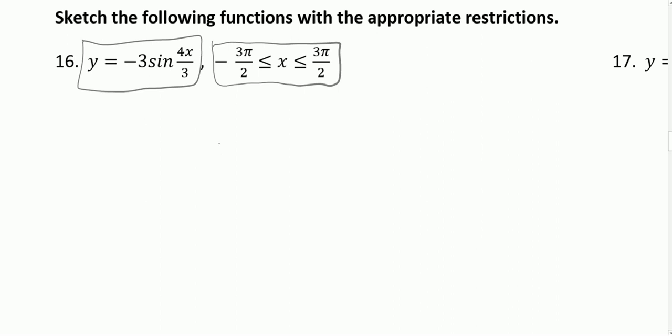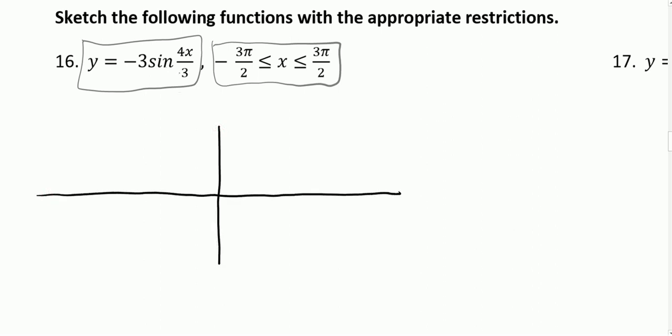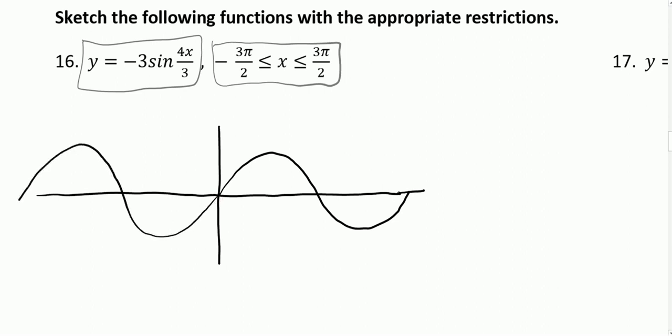So here's what I'm going to do. Before I sketch in the details, I notice we're talking about sine. So I'm going to sketch one period of the sine function on the right-hand side. I may have to do less or more, I'm not sure. I'll adjust it later. And one period of the sine function on the left-hand side.